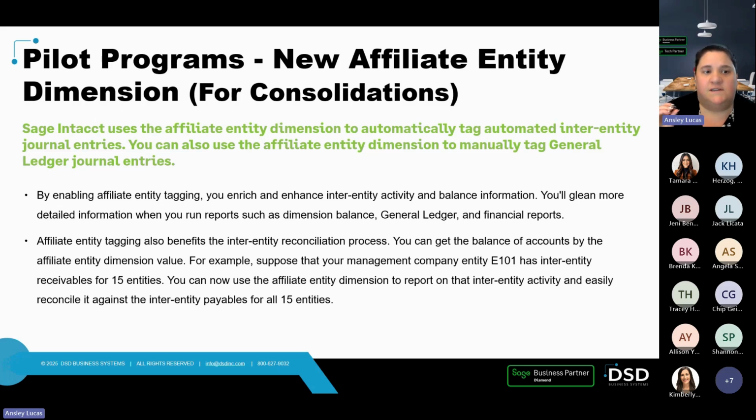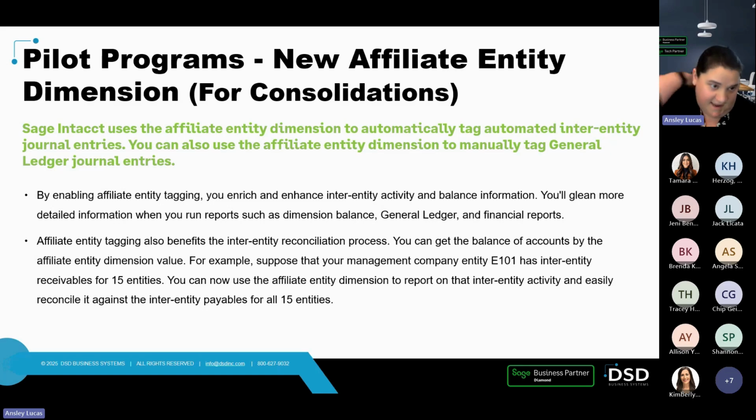You can also use the affiliate entity dimension to manually tag general ledger journal entries. And if you have an interest in participating in this pilot program, please let us know.